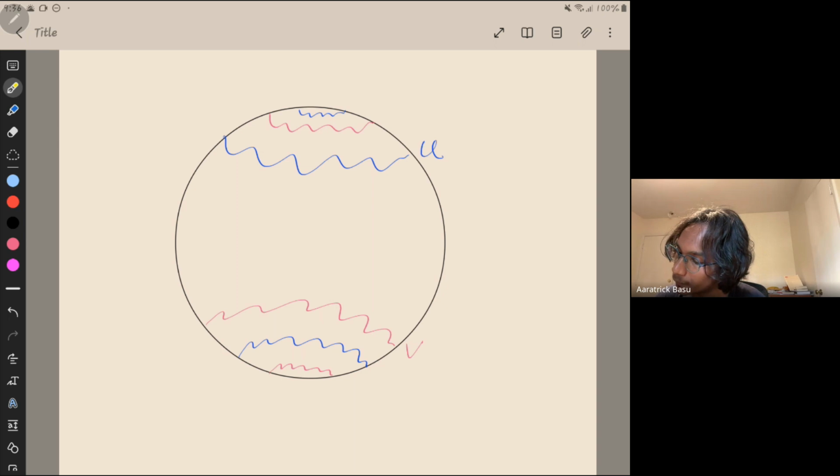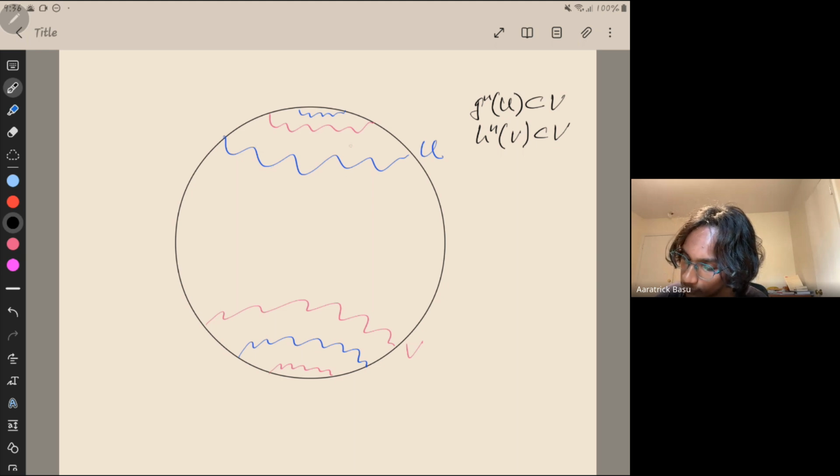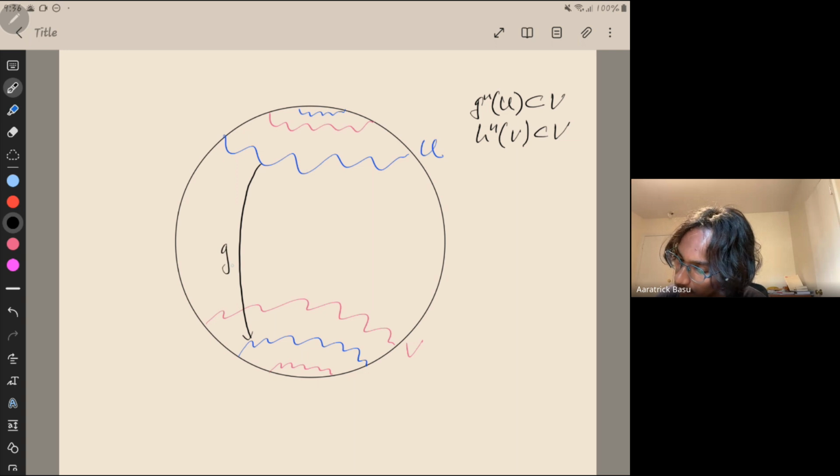Suppose the region demarcated by this blue line is U. You hit it with G once, it gets you to somewhere inside of V. This region demarcated by the pink is V.